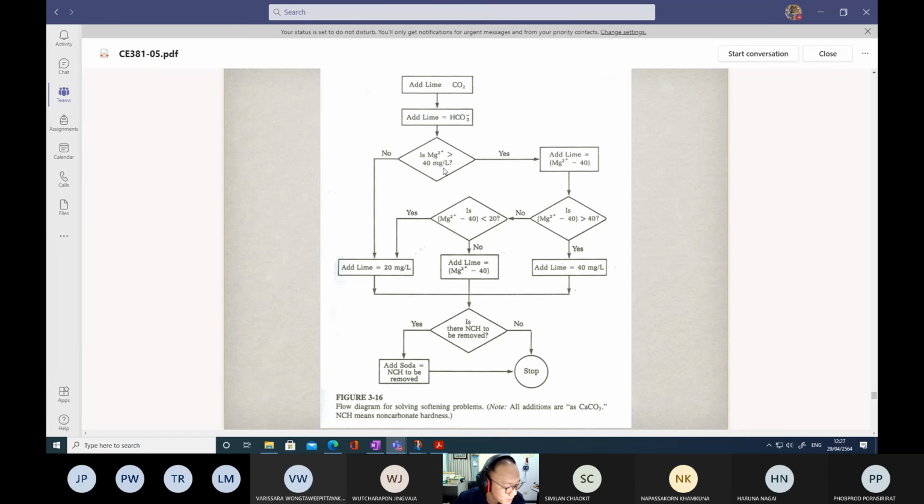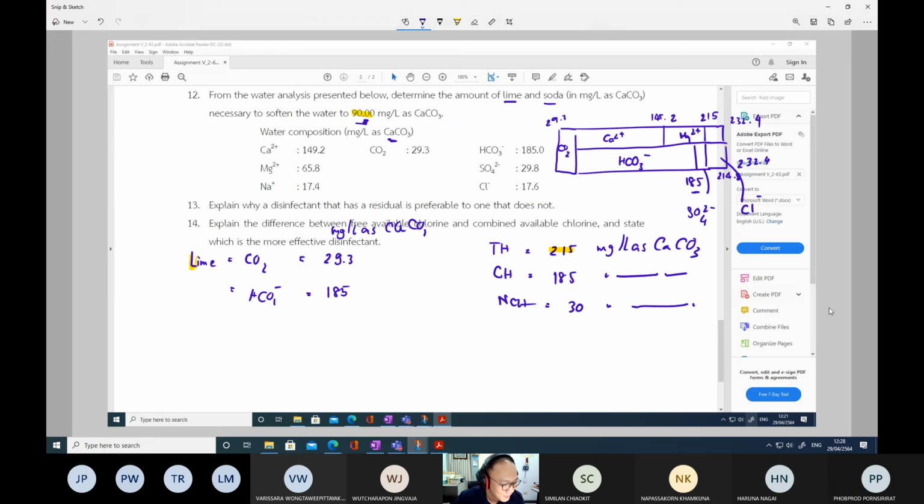Right now we have magnesium as much as 65.8, so yes, it is greater than 40. We have to add lime equal to magnesium minus 40. So we add lime equal to 25.8, which is 65.8 minus 40.